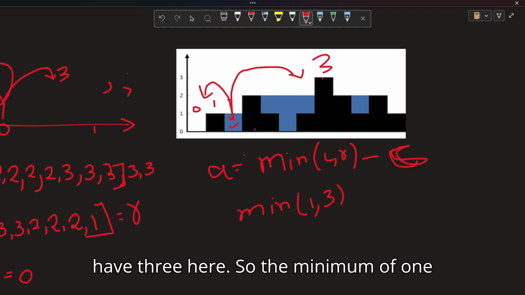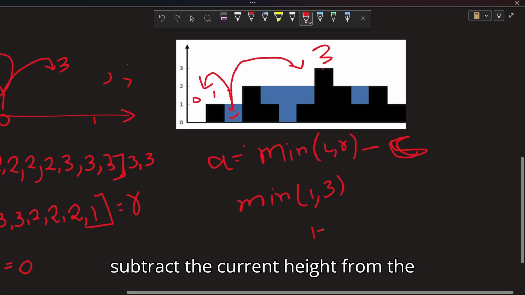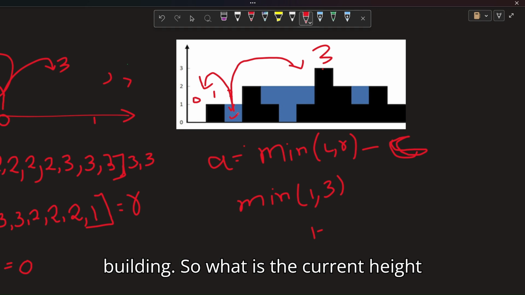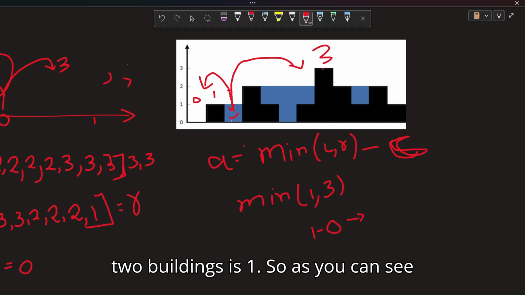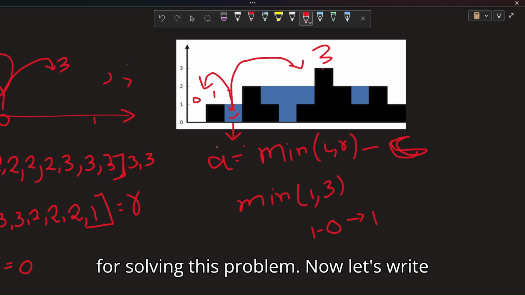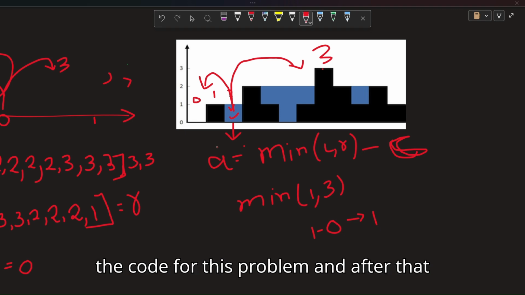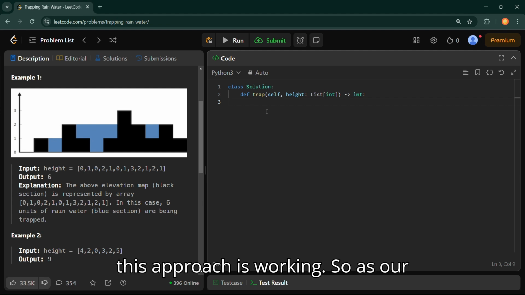So the minimum of 1 and 3 is 1, and now we have to subtract the current height of the building, which is 0. So the amount of water trapped between these two buildings is 1. As you can see here, this is 1. So this is the approach for solving this problem. Now let's write the code for this problem, and after that I will dry run the code and show you how this approach is working.